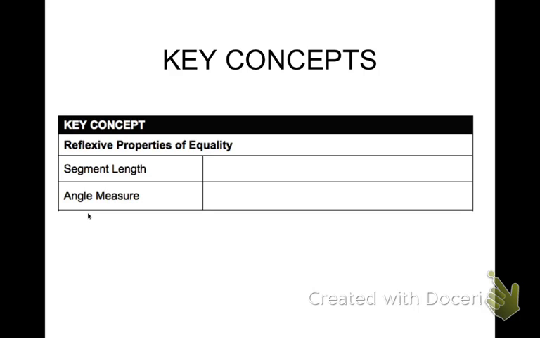You see yourself, right? So you see exactly what you're looking at. So the reflexive property of equality is where you see the exact same thing. So for geometry, the length of AB is equal to itself, the length of AB. That would be the reflexive property of equality.